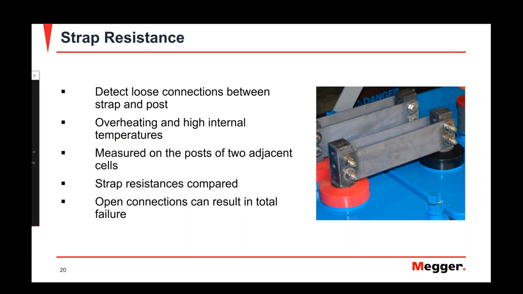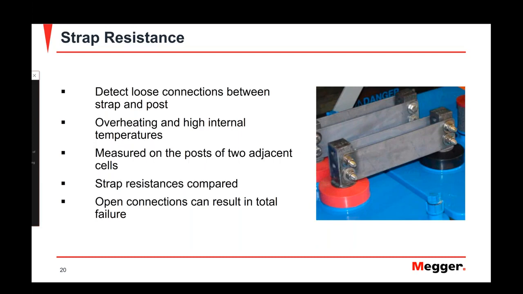Now, whenever we're testing for these, we're looking for loose connections between the straps and the battery posts. The loose connections can create hot spots or elevated internal operating temperatures of the batteries. And this can be detrimental to your system. To take these measurements, you'll measure the strap resistance between two adjacent battery cells.